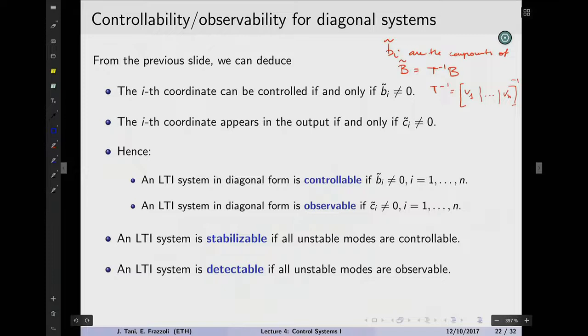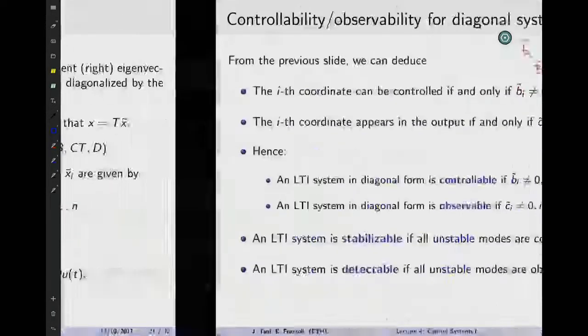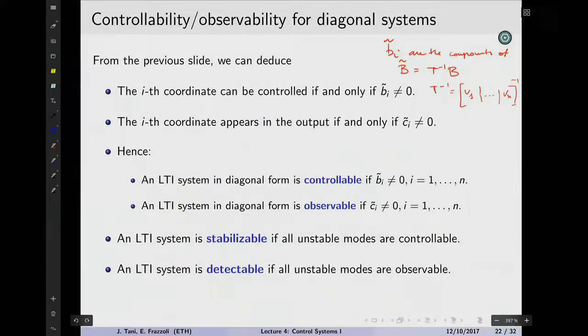And on the other side, a system is observable if and only if all the C tildes, the components C1, C2, Cn, are different from 0. This is why: otherwise you wouldn't see the contribution of that specific state variable in the output. This is an intuitive understanding of controllability and observability.